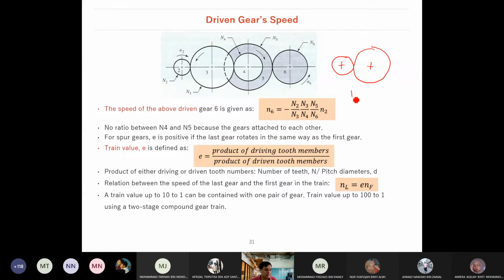The formula is something like this: the small n, say this is gear number 2 and this is gear number 3, so usually N3 divided by N2 equals capital N2 divided by capital N3. So this is the formula.